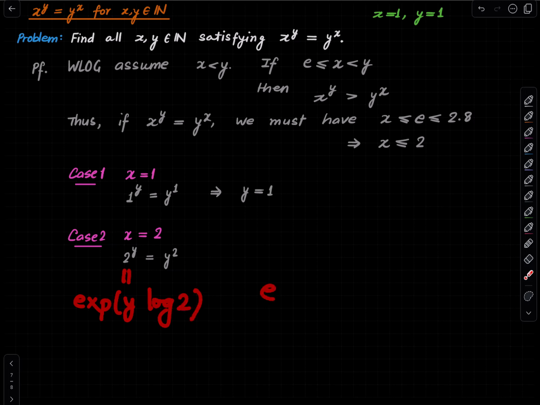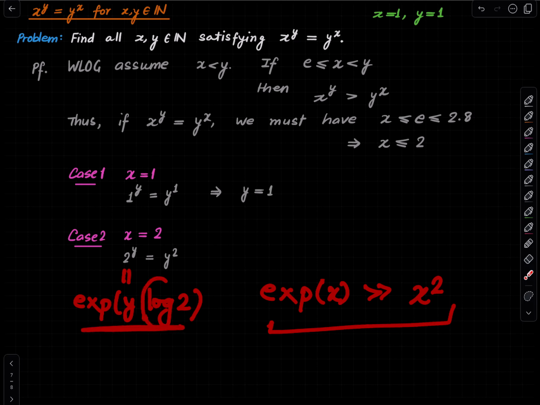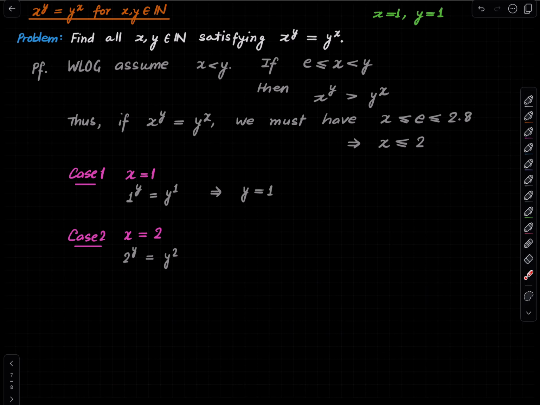Now exponential function dominates any polynomial, right? Ultimately, this is what we saw. It beats any polynomial. And here we have the exponential function, although it has been scaled a little bit in its input. Doesn't matter. It will still beat any polynomial, namely y square. So for sufficiently large y, we will have this inequality. That we know. So there cannot be too many solutions.